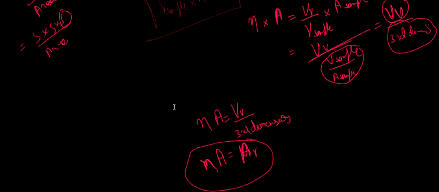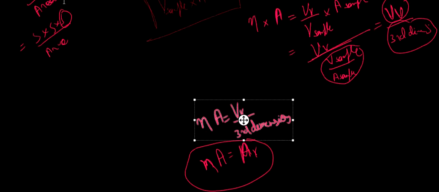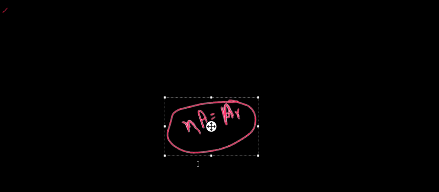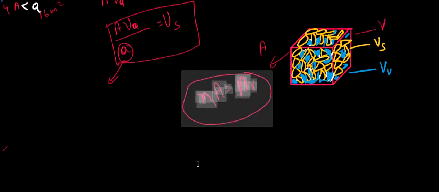So now I can see that if I multiply my porosity with the total area, I will obtain the area of voids. Now we will make use of this relation over here.